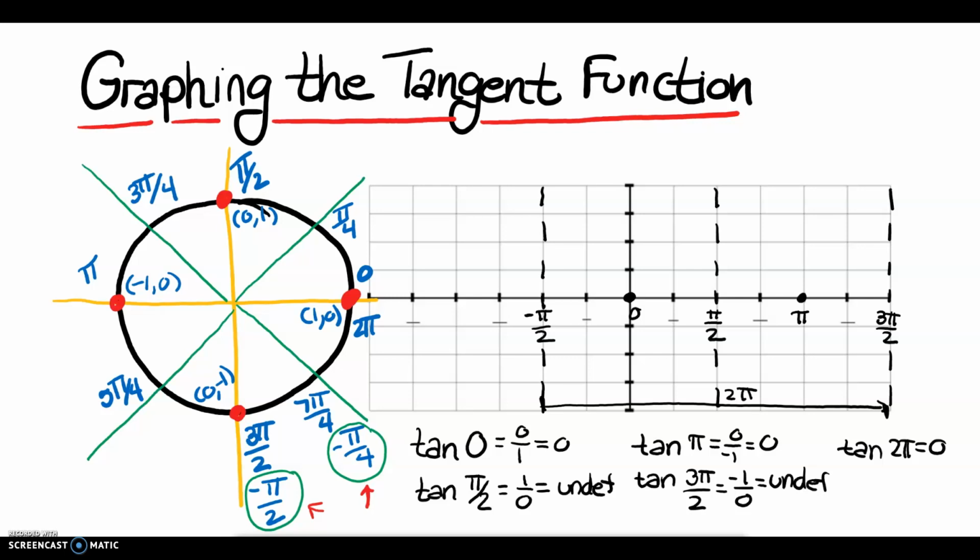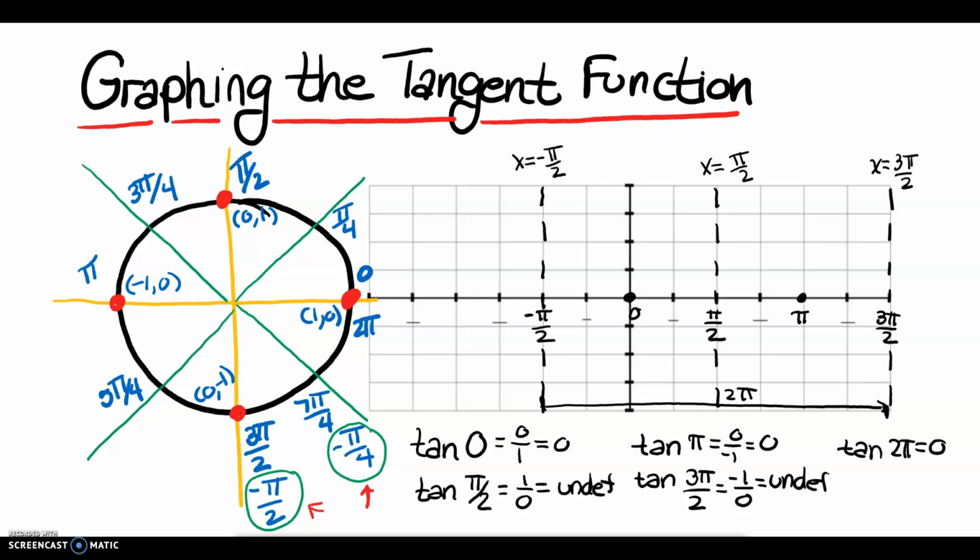They will always have asymptotes. Tangent will always have asymptotes. So let's go ahead and label these. This is x equals 3 pi over 2, x equals pi over 2, and x equals -pi over 2.